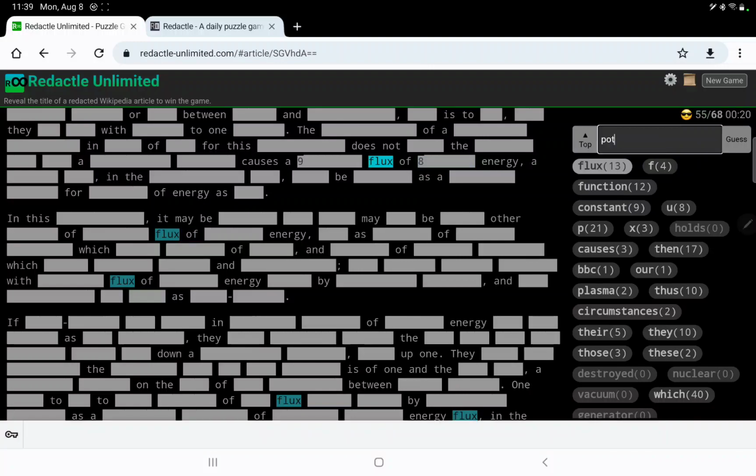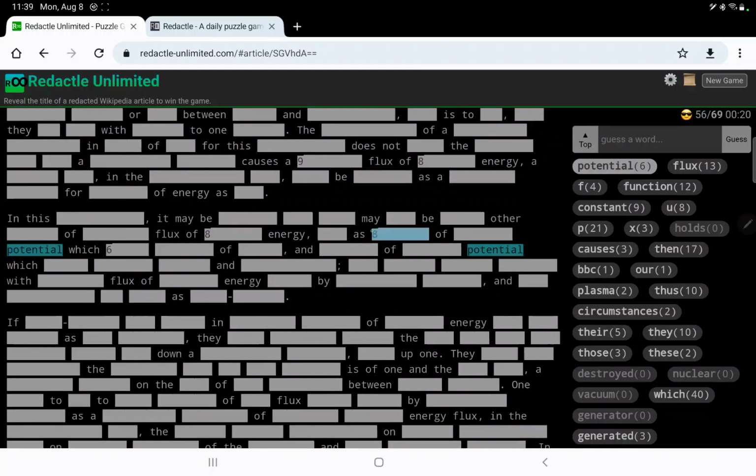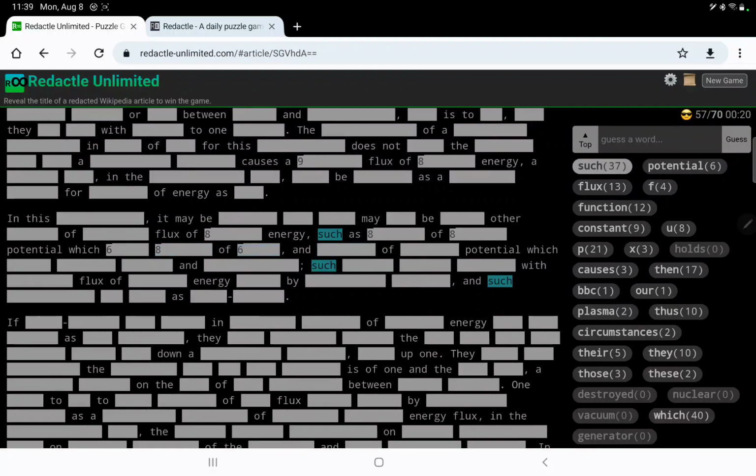Trying to think back to my limited knowledge. So I knew there was potential energy, but what's the other kind of energy? Such as 8 of 8 potential, which 6, 8 of 6, and 8 of 8 potential, which 6, 8, 7, and 13. Such 7, 7, 8 with something flux of something energy.